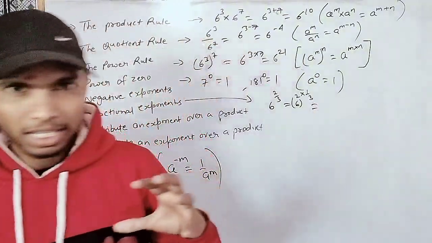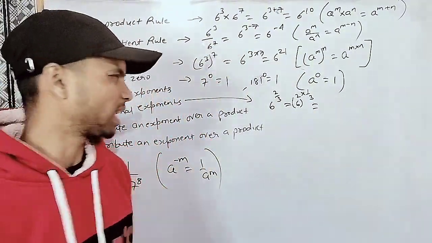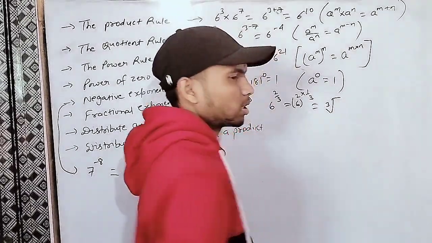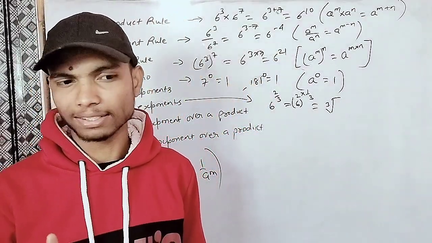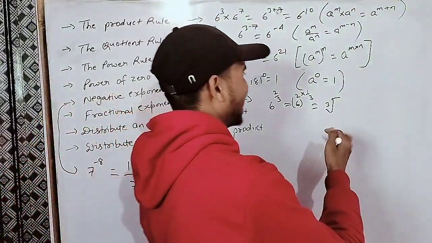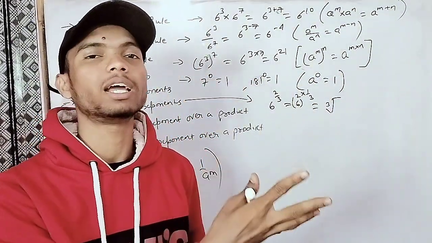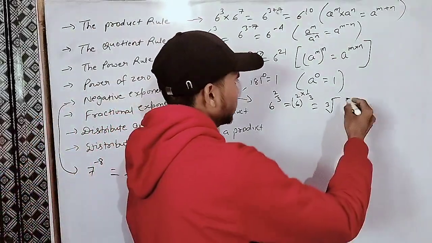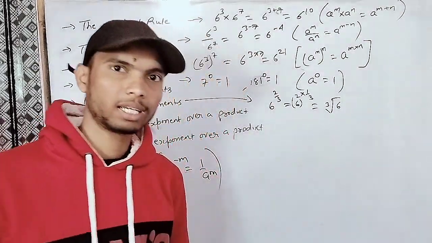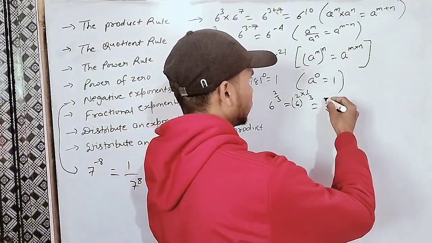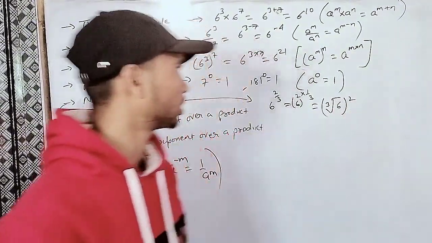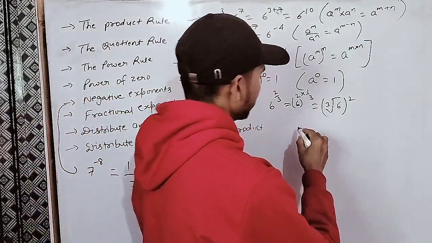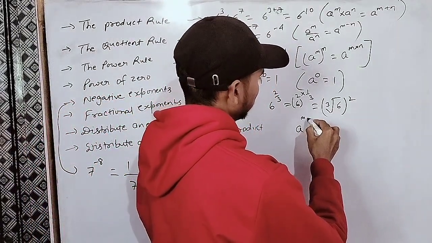So here 1 by 3 is the cube root, you can say. This side will be written with the number which is the denominator, and the numerator will be the exponent. Clear, brother? 6 will be written under the root, then we have exponent 2. Clear? So in this case, like that.